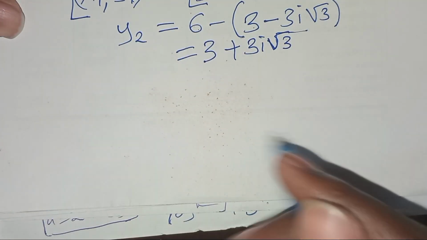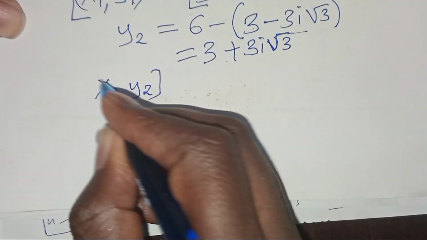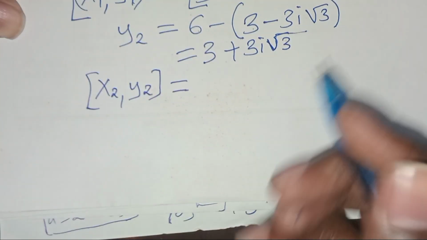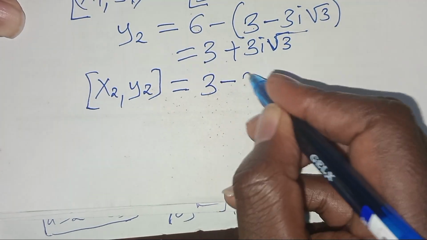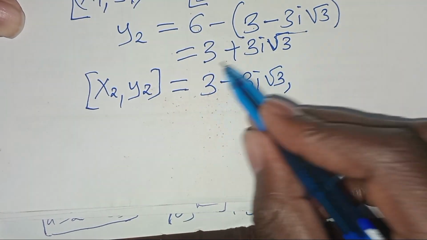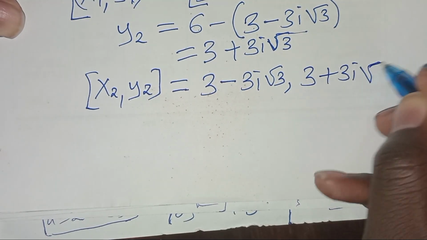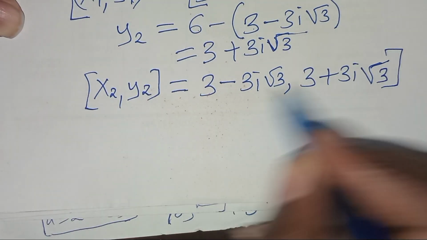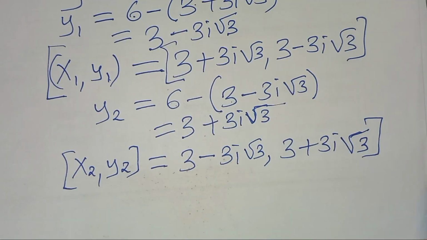That means x2, y2, the second set of solution, is 3 subtract 3i square root of 3 for x2, and 3 plus 3i square root of 3 for y2. This is the second set of solution.